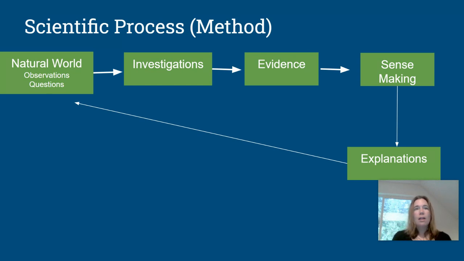So color, texture, smell. Are you seeing something bubble? Those would be qualitative observations. So the quality of your evidence, of your data, depends highly on your investigation, so how good of a setup your investigation is.